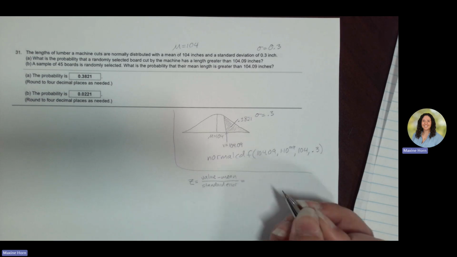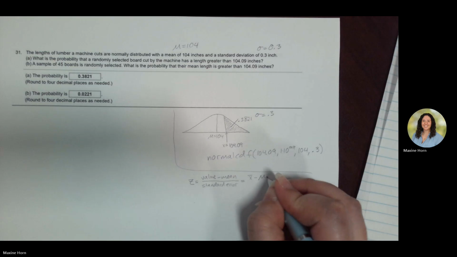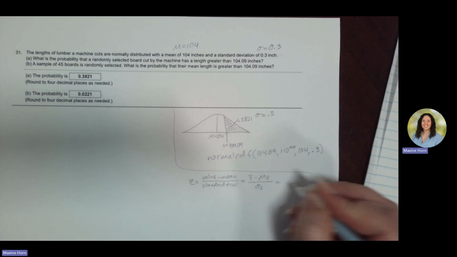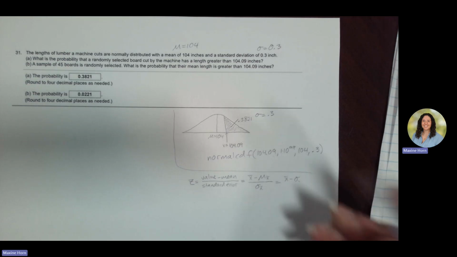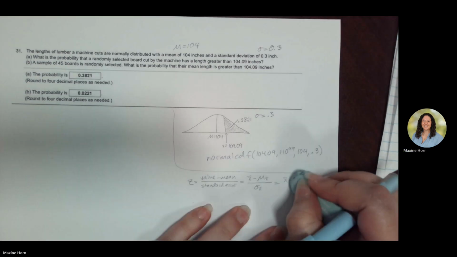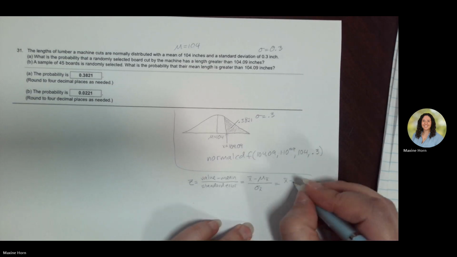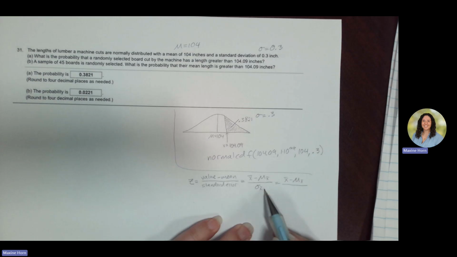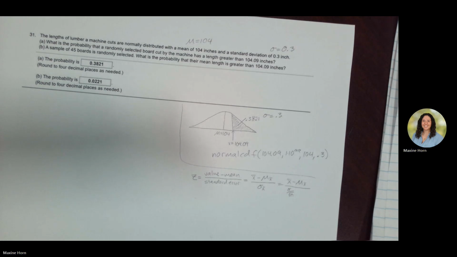which is... So remember that we had a formula for that. It was the standard deviation over the square root of the sample size, right?